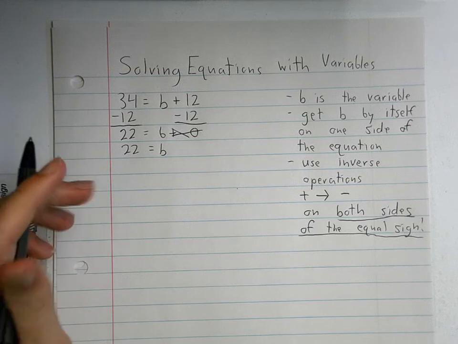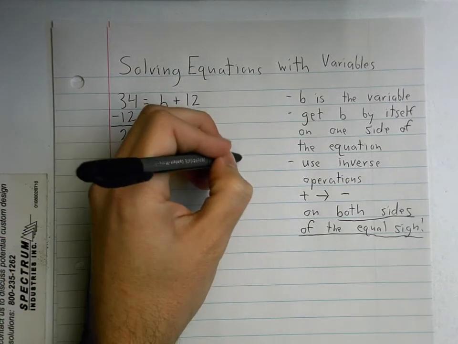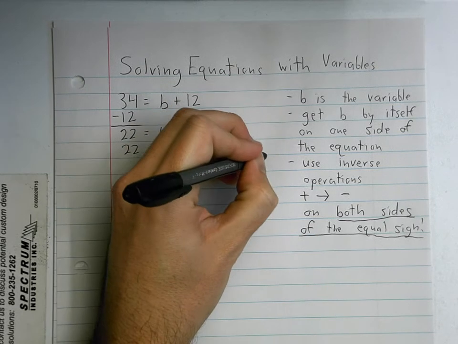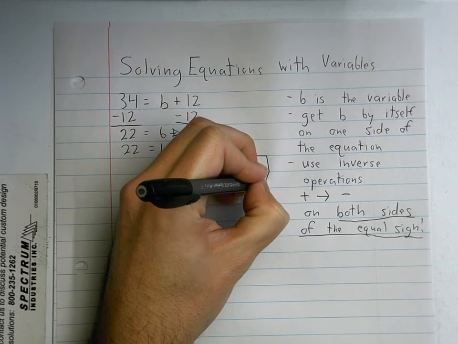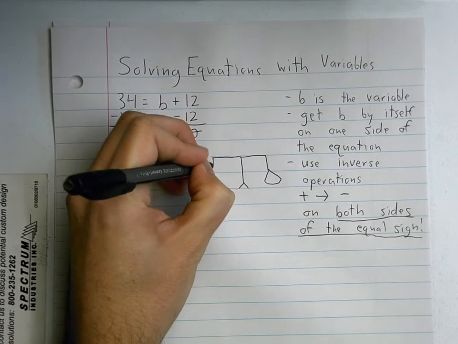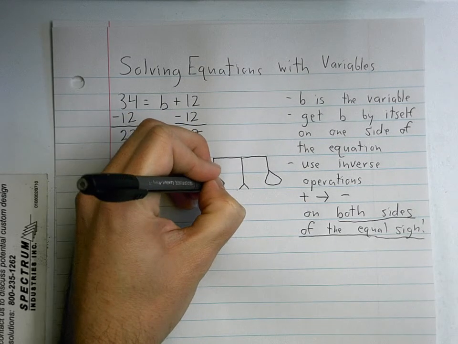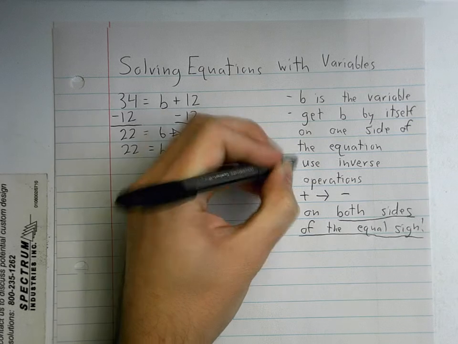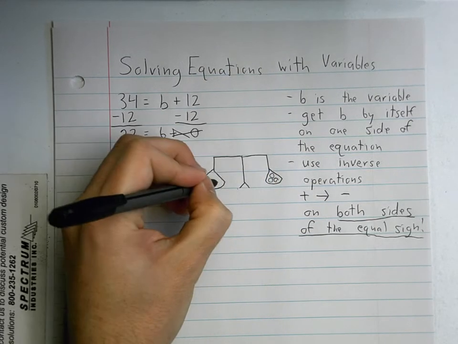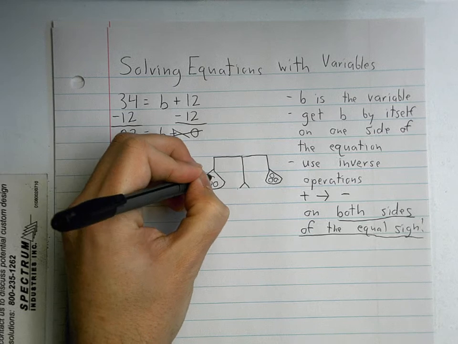If I have my little scale here, I'm going to draw one. Okay, here's my scale. And if I have 3 balls that are the same size and 3 balls that are the same size, guess what?